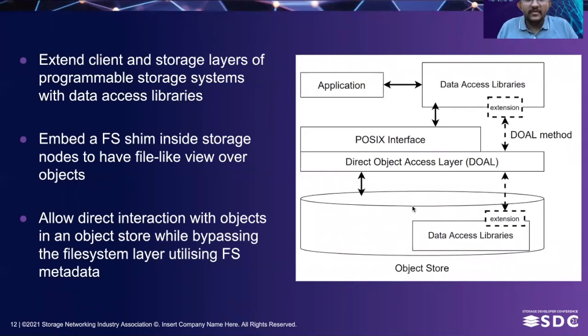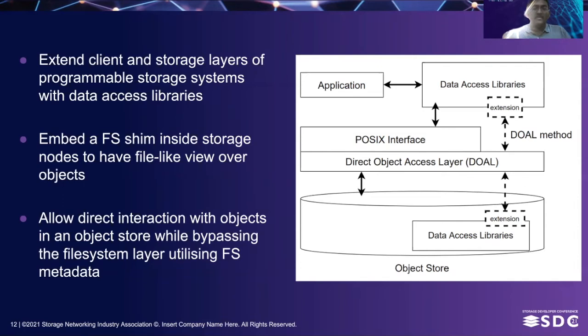In Skyhook, we create a file system shim inside the storage nodes, which provides a file-like view over the objects or blobs inside the object store. And we allow direct interaction with the objects from the client by bypassing the file system layer. So how this works is that we see files in file systems, and when the requests are launched using Skyhook, we convert the file names to object IDs using file system metadata like striping strategies.